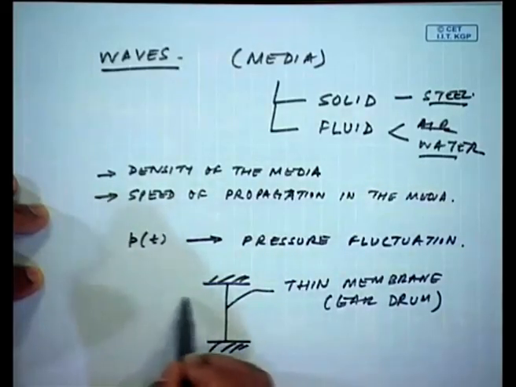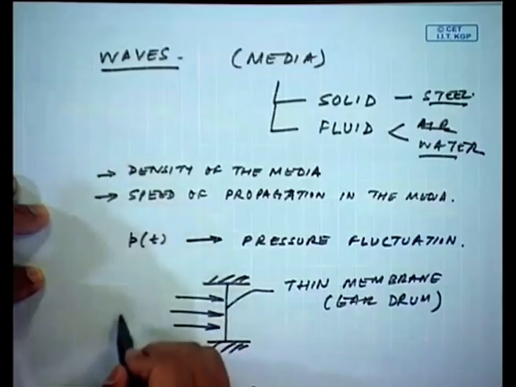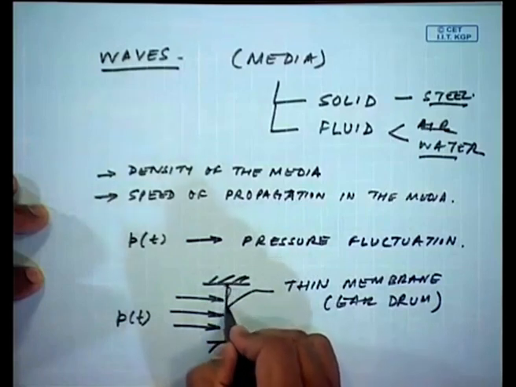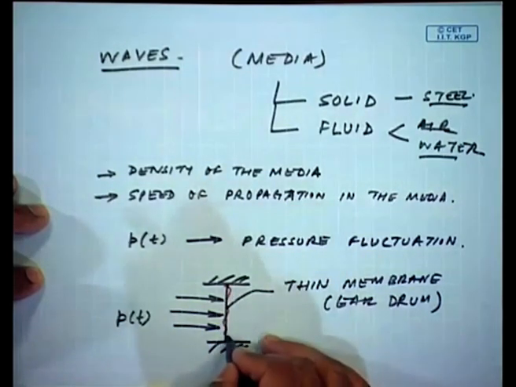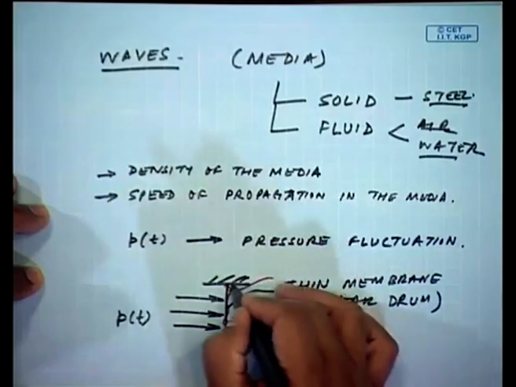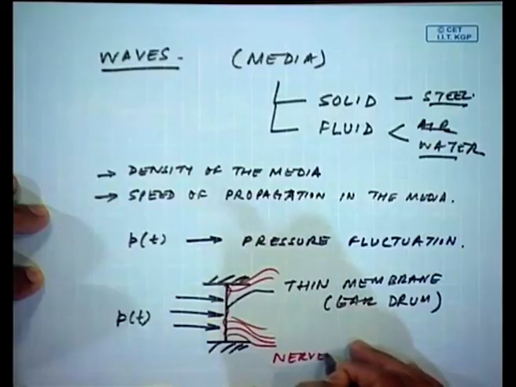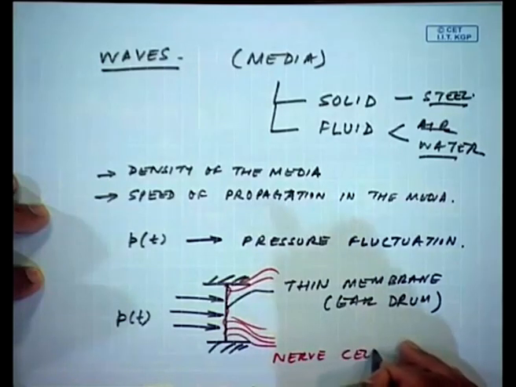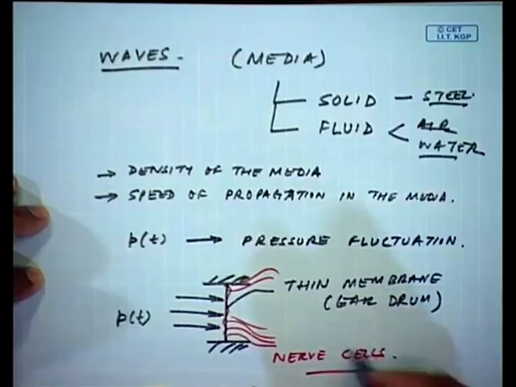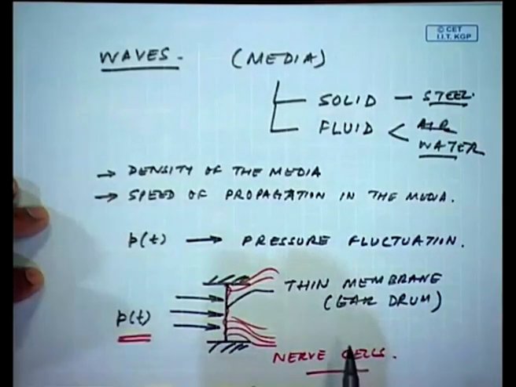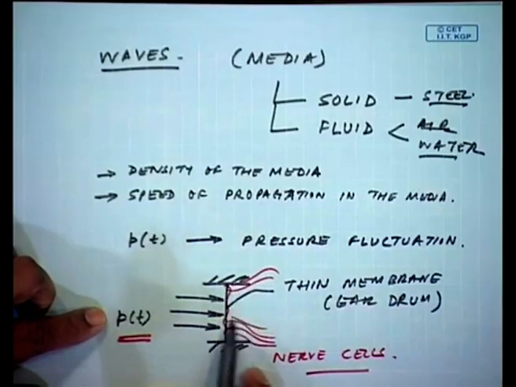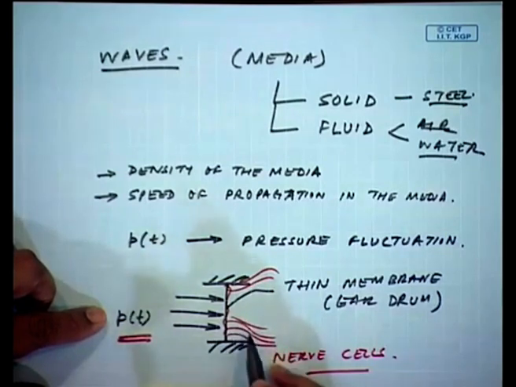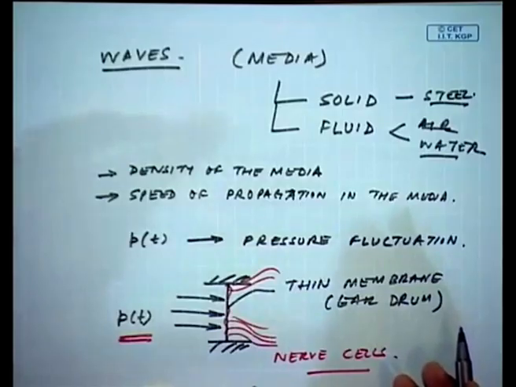When the pressure waves are incident on this membrane, it is going to have a small deflection. To this membrane are attached many nerve cells, and then this goes to the brain. So, because of this small pressure fluctuation, this membrane will undergo a deformation or displacement, and this is sensed by the nerve cells attached to the eardrum, and then we get a sensation of hearing.